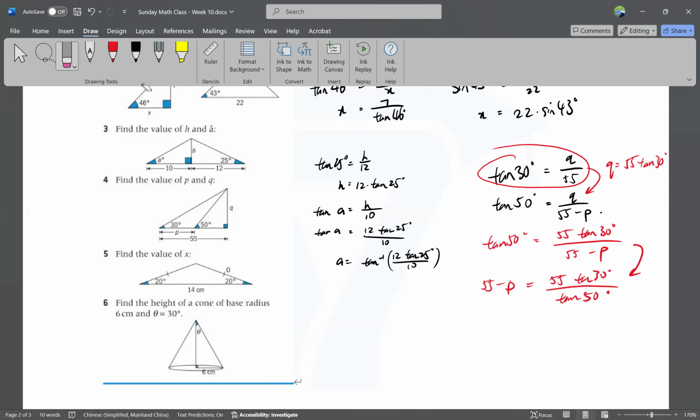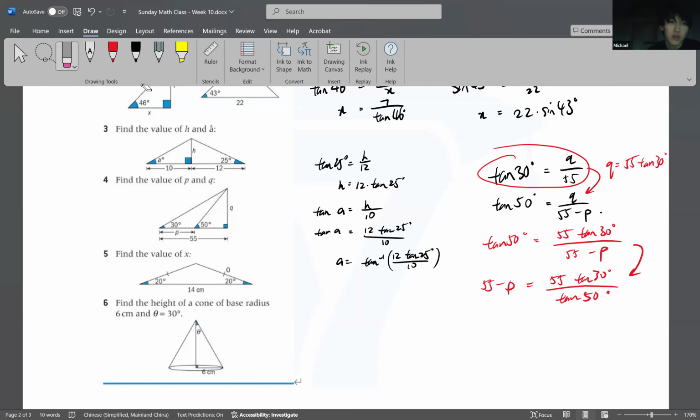Did you not just rearrange? Yeah, why can I rearrange? What did I do for the rearrange? Isn't it because they're both trying to find the same thing or something like that?